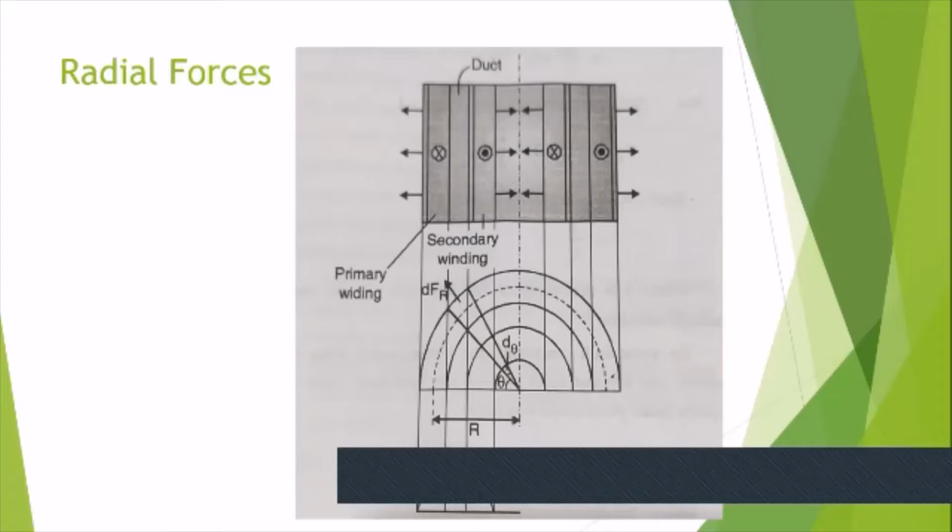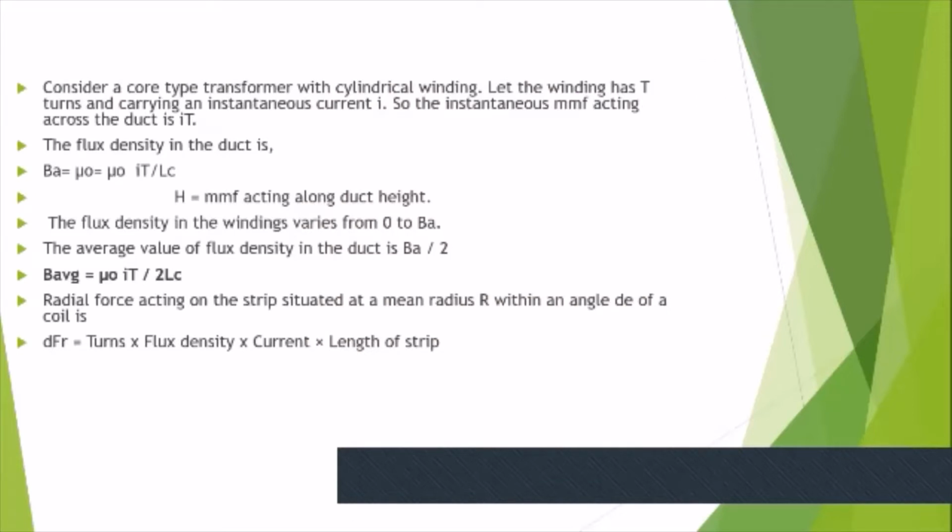If you have gone through the diagrams, you can see, consider a core type transformer with cylindrical winding. Let the winding have T turns and carry an instantaneous current I. So the instantaneous MMF acting across the duct is IT.